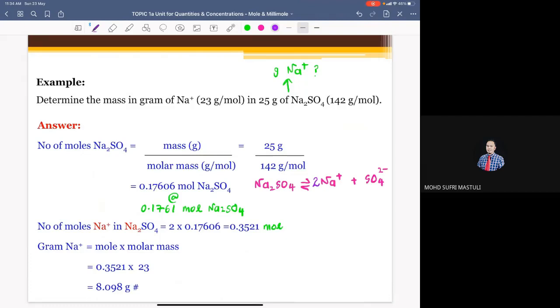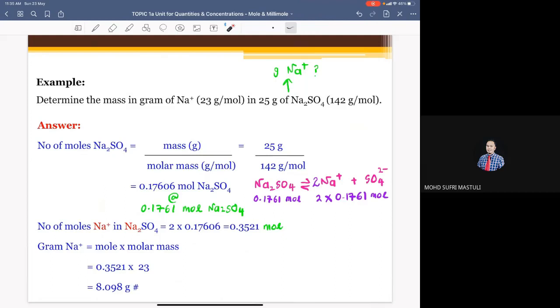So if we have 0.1761 mole of sodium sulfate, the mole of Na+ should be 2 times 0.1761 mole. Okay, so it goes to here.